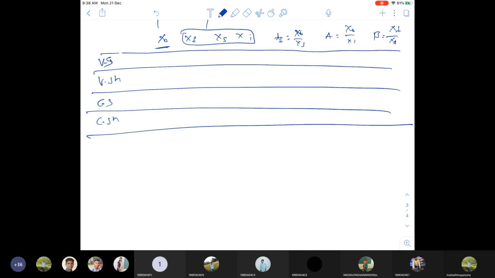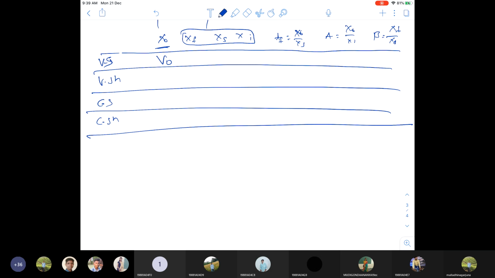Coming to the voltage series feedback amplifier, what is the output signal? Voltage.